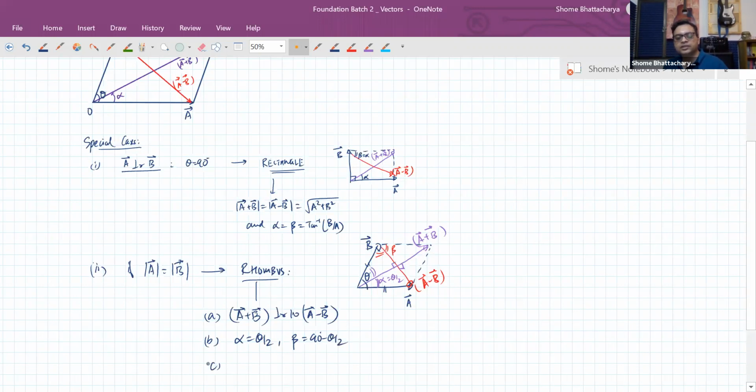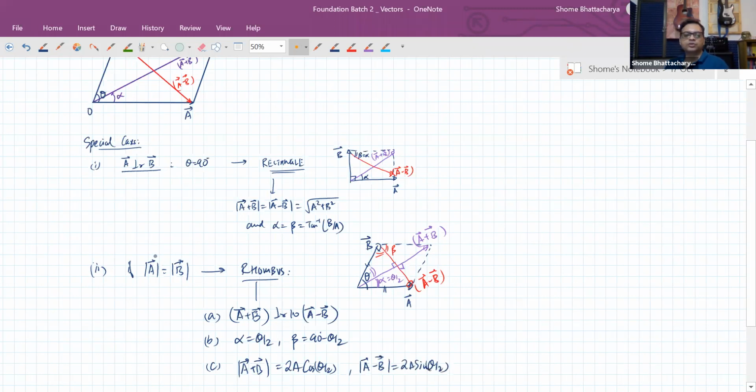And then trigonometrically we can also show that the magnitude of A plus B becomes 2A cos theta by 2, and the magnitude of A minus B becomes 2A sin theta by 2.